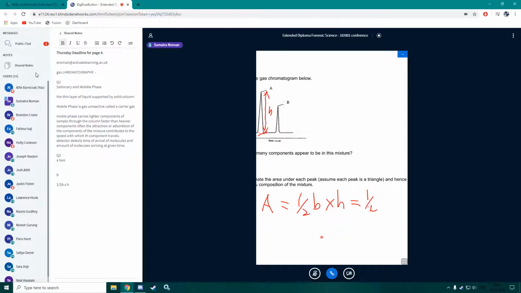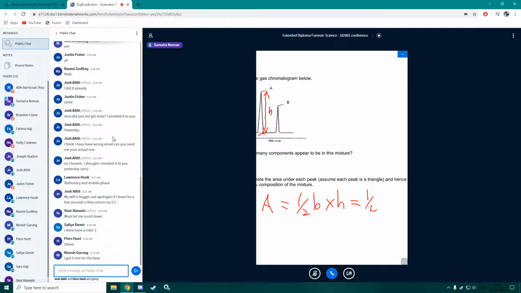Nobody has a ruler. The height is 20 millimeters, because I'm pretty sure from there to there is not 20 millimeters. Yeah. So Piers did the height and Nilesh has done the base.